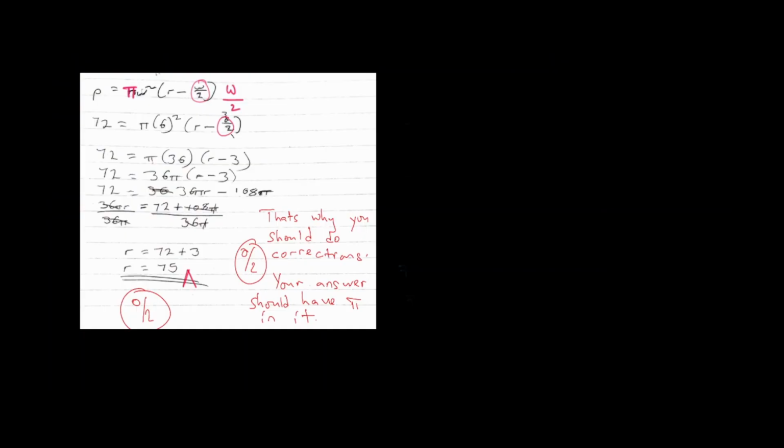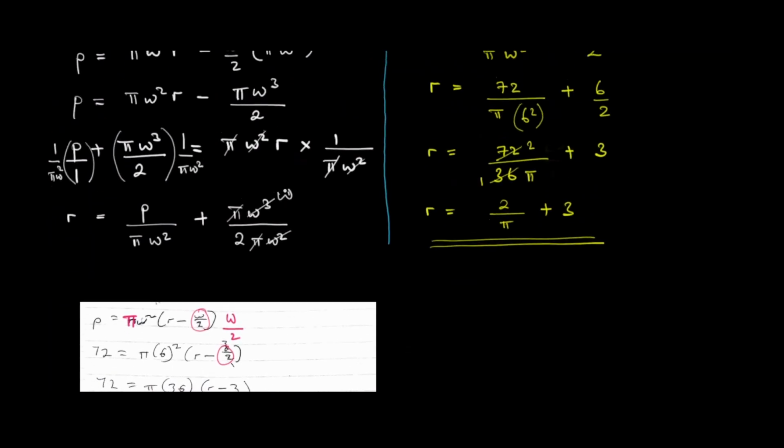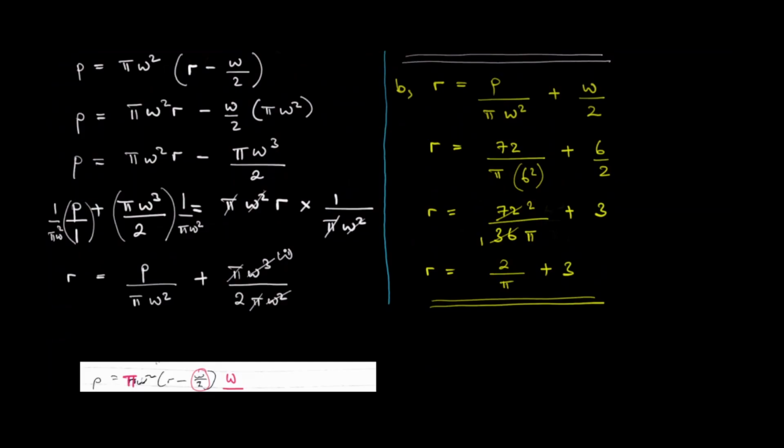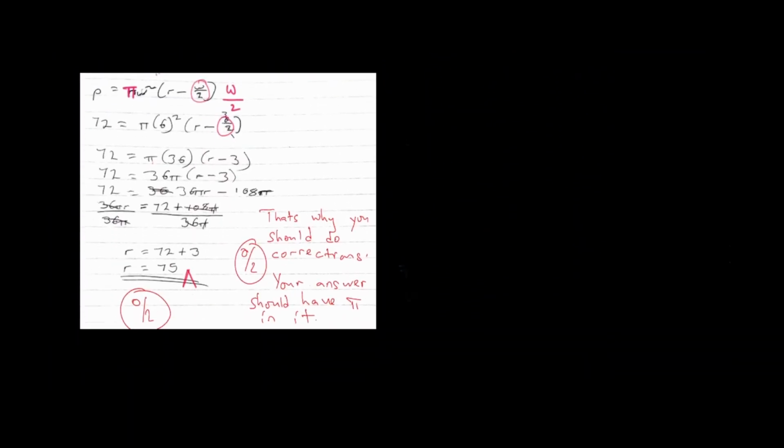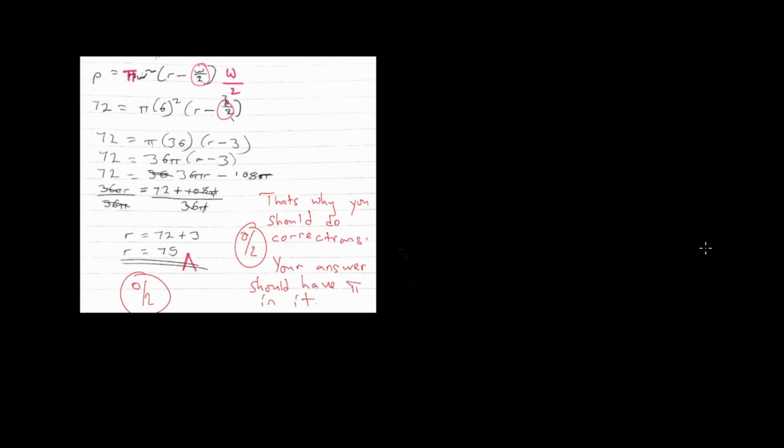But later this student is actually wise, because we want to avoid a situation of an error carried forward. So my question is, your solution to part B is based on part A. What we did is take what we got in part A and use it in part B. That is dangerous, because if you got part A wrong, you carry the mistake from part A into part B. There's a principle of fairness called error carried forward.